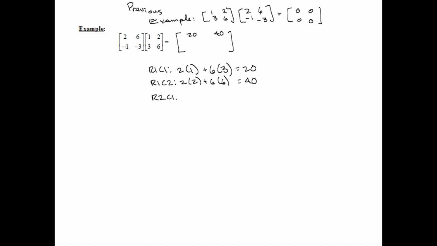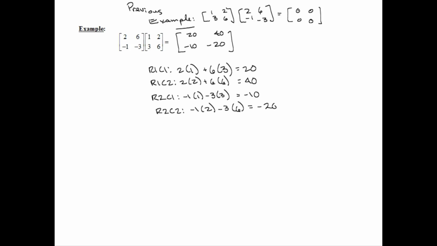Row 2, column 1 will give me negative 1 times 1 minus 3 times 3, which is minus 10. Row 2, column 2. Negative 1 times 2 minus 3 times 6 gives me negative 20.